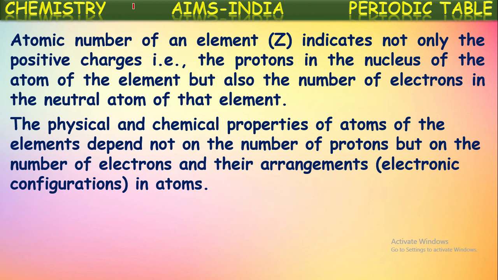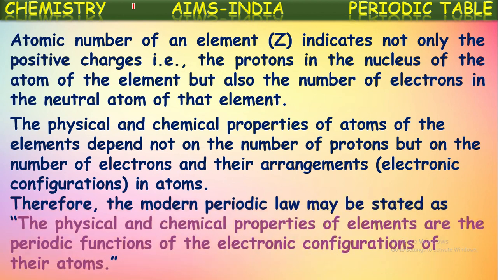So the characteristics of an element depend upon the electrons which are revolving around the nucleus for an atom. That representation of the electrons around the nucleus we call electronic configuration. Now we can say simply the properties of an element depend upon its electronic configuration, isn't it?